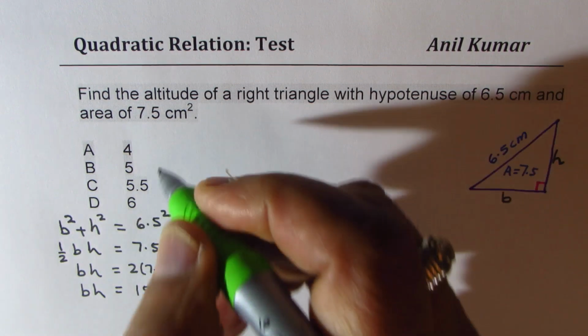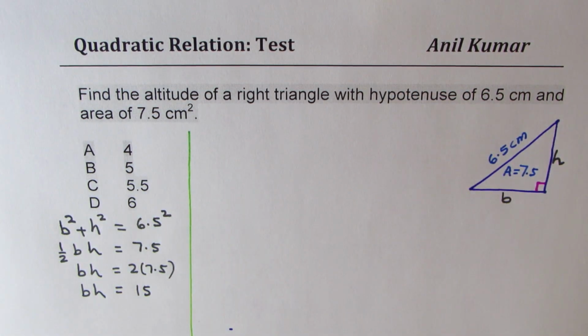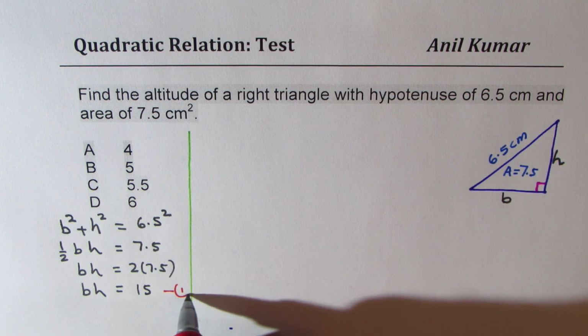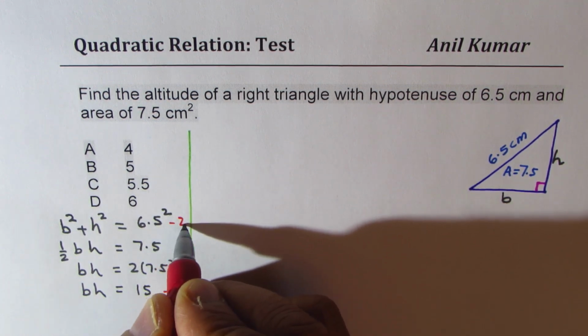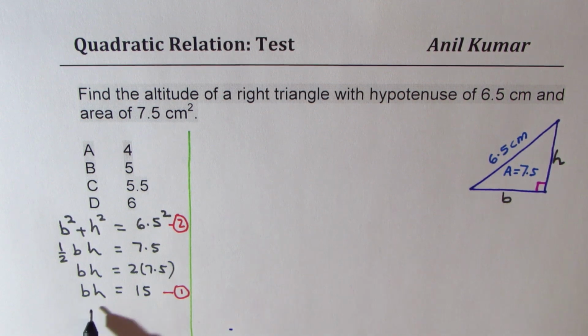Now we have two equations and two variables, so we could always solve it. Perfect. So it's not very difficult. Even at this stage, you could actually pause the video, answer the question, and then look into my suggestions. So these are the two equations and two variables. Now we can isolate one of the variables and then use our equation to answer.